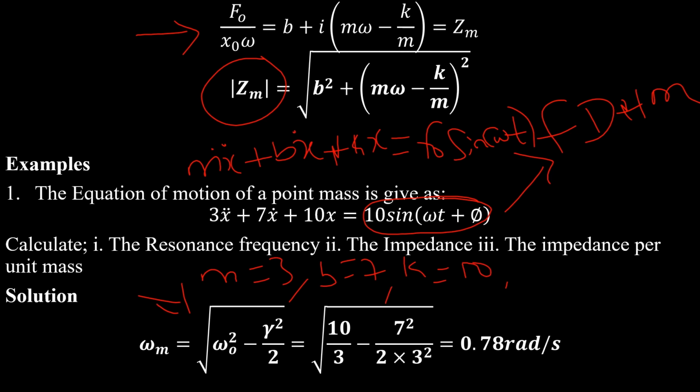Don't forget that gamma is equal to b over m, and omega naught squared is equal to k over m. So that is the expression that I used, that I converted here into this.